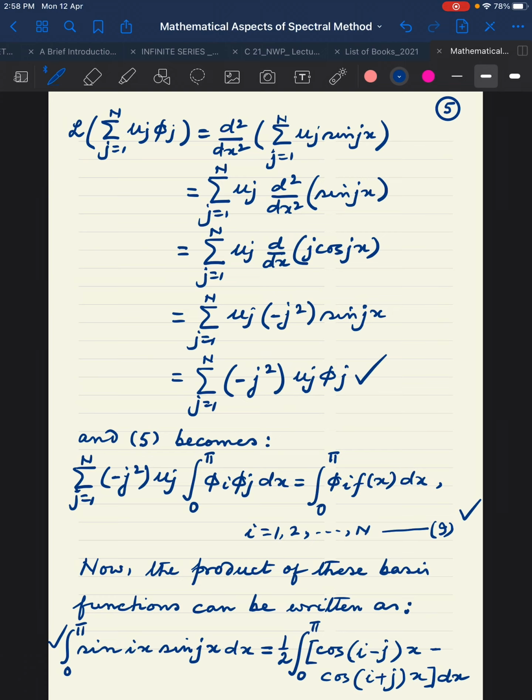So the product of the basis functions can be written as integral 0 to pi sin ix sin jx dx, and I have used a simple trigonometric formula to get the term on the right hand side, half into integral 0 to pi cos (i minus j)x minus cos (i plus j)x dx. You know the formula of 2 sin c sin d in terms of cos, and I have simply used that.